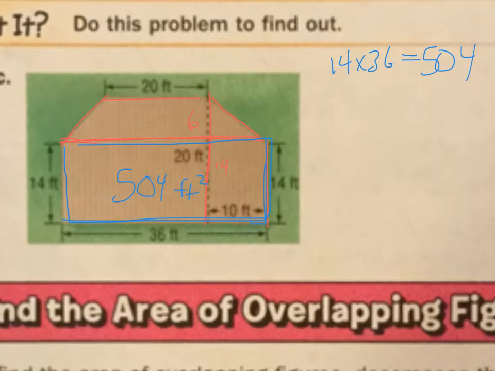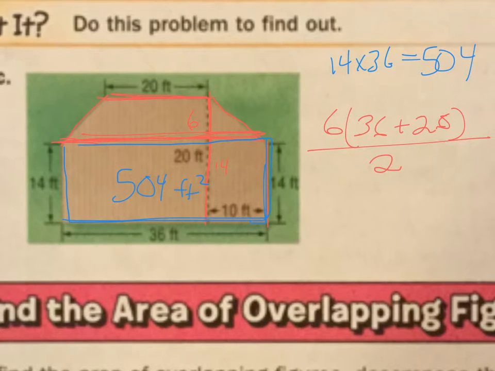Now let's go for the trapezoid. The height, which we established, is this 6. Then I have to add my bases. So this whole long thing here is 36, and this other one is 20, plus 20. Then we're going to divide that whole thing by 2.